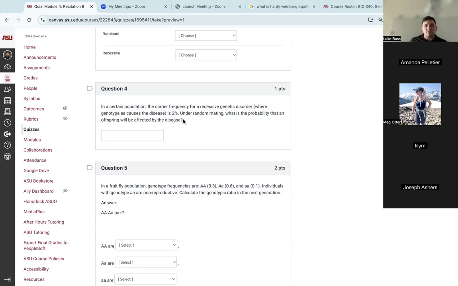I see. So you know what, I'm gonna pull out a calculator, because I haven't worked through these yet either. I'm actually curious, because if you do one minus that, well, you can find q, right? So that's going to be the square root of 0.02. But carrier frequency.